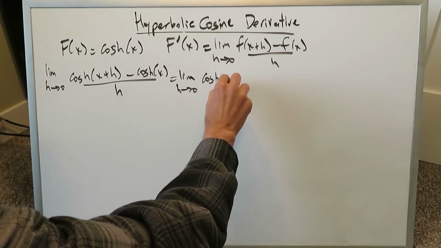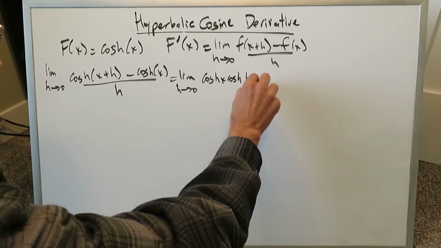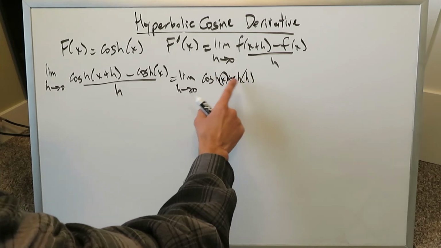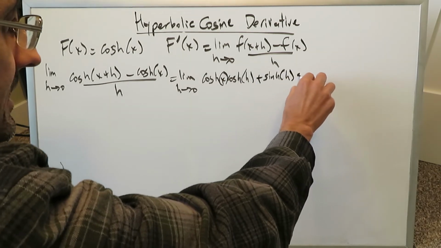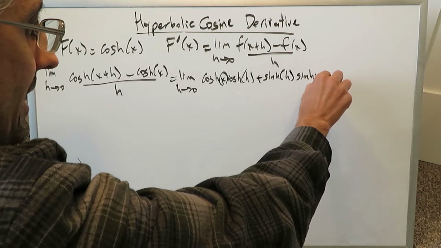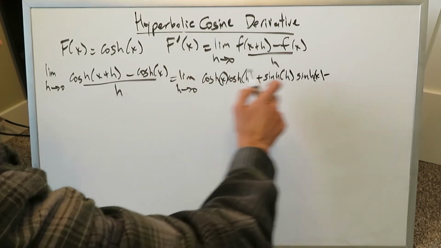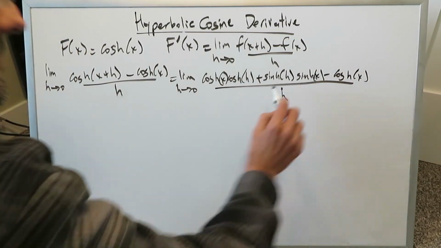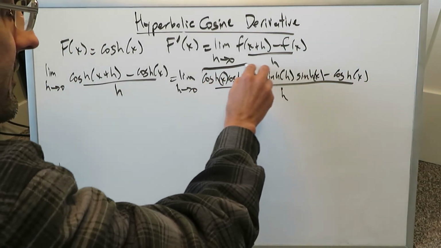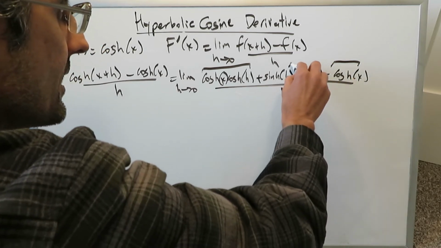You have cosine hx, cosine h of h, we should be bringing in these parentheses so we don't get lost in the letters, plus sine h of h, and then sine h of x minus cosine hx, all over h.